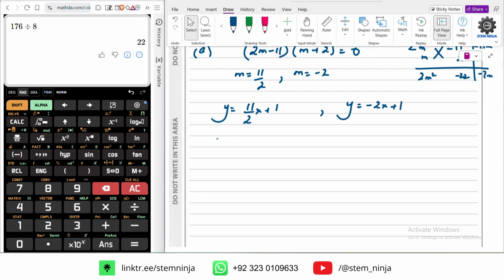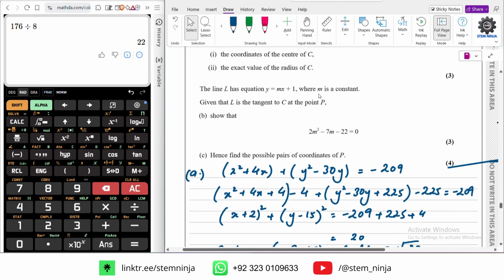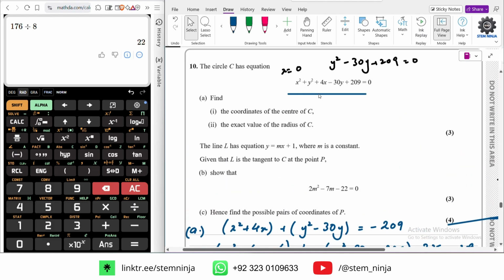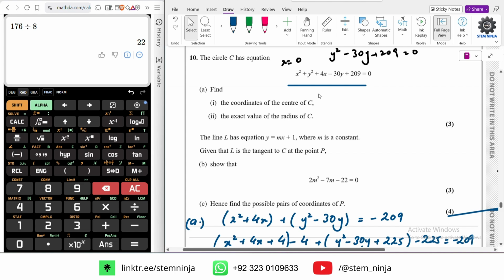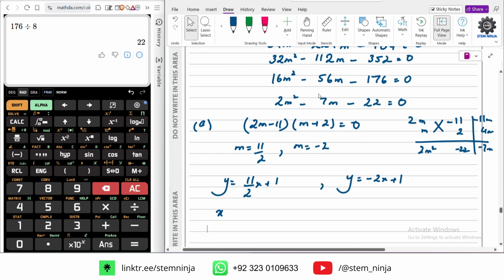Alright, so we have x plus 2 and we put it over here. Do we have y squared?